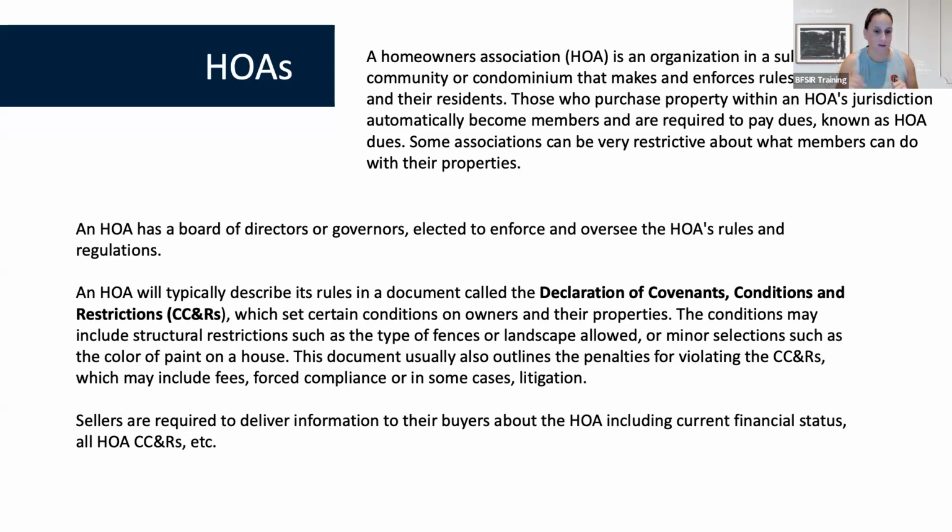Plus you're going to get a resale certificate, which is the document that the HOA board has to fill out that gives the buyer a snapshot of the current state of the HOA. Are there any lawsuits? How much do they have in reserves? Are there any outstanding assessments? So that the buyer understands, this is what I'm buying into, right? Because they're buying this property subject to the HOA and they will always be bound by what's in the HOA.